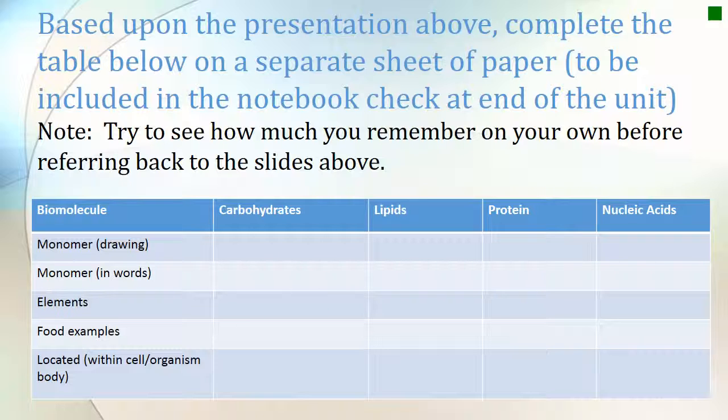I also highly recommend you research and Google the other places within the cell and the body of these organisms that these 4 biomolecules are located to get other examples. So the more examples that you can get, the better it will help you in future knowledge for the units that we will cover for the different kingdoms. So that will help you.